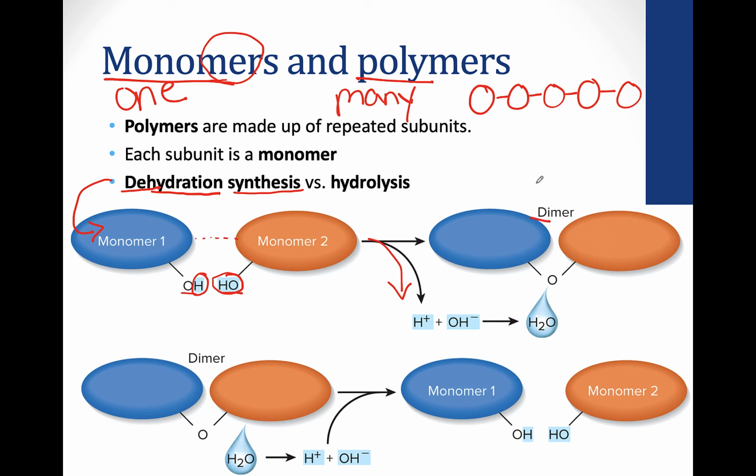Di means 2. If we add another one, there's 3. Add another one, that's 4. Add a whole bunch, and you end up with a polymer. Here's the water molecule. The H and the OH result in water, and that's been removed. That's why it's called dehydration. We removed a water. Synthesis: we built this more complex structure.